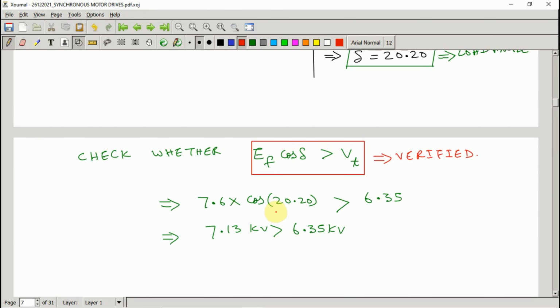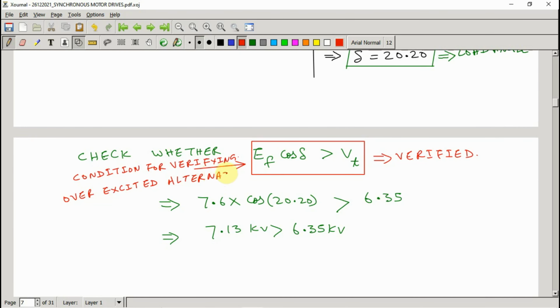So this is the condition for verifying an overexcited alternator.